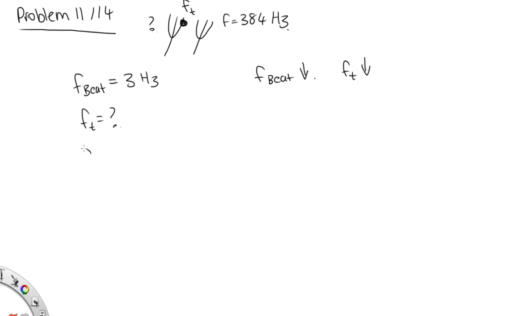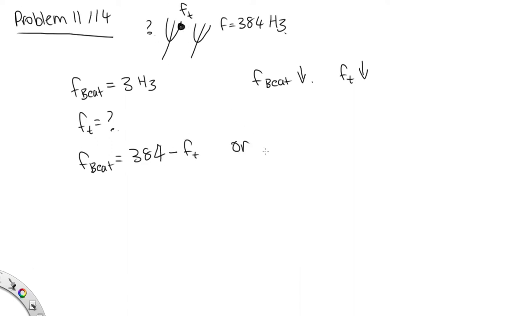Now we know that the beat frequency is equal to the difference between the 2 tuning forks. So it's 384 minus FT, or if this tuning fork has a larger frequency, it will be FT minus 384. And this is 3.